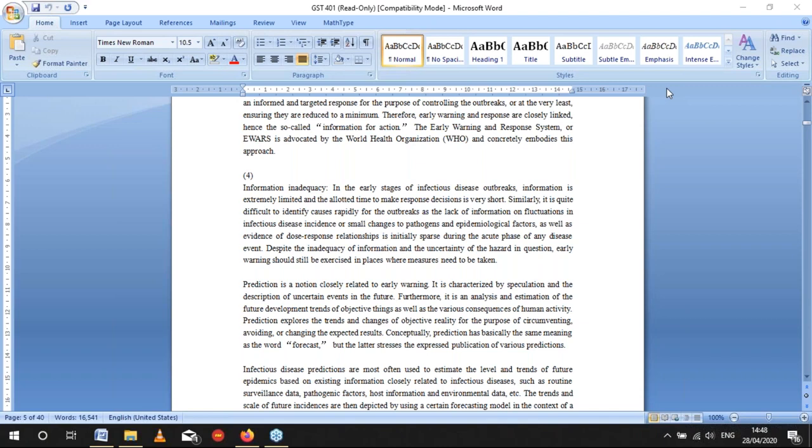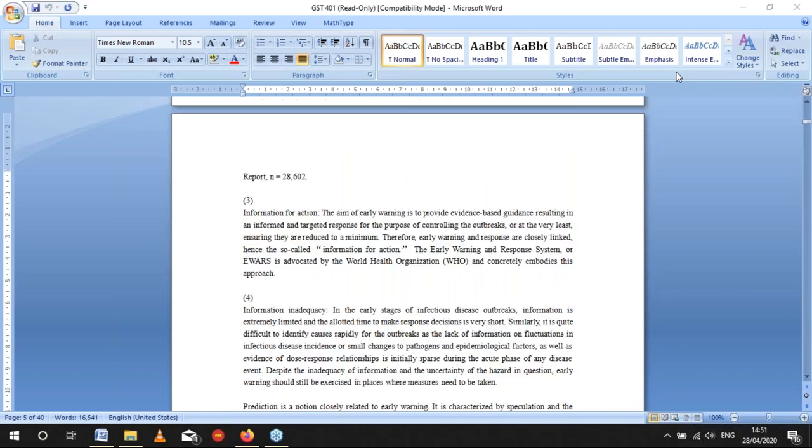Number 3 is information for action. As the word implies, it aims at providing evidence-based guidance resulting in an informed and targeted response for the purpose of controlling the outbreaks, or at least ensuring they are reduced to a minimum.